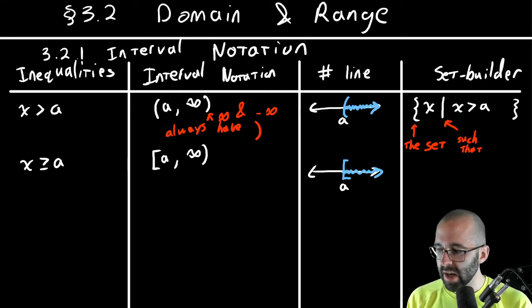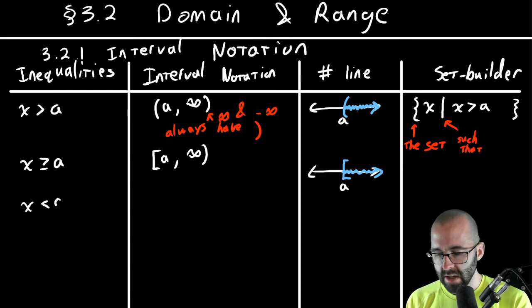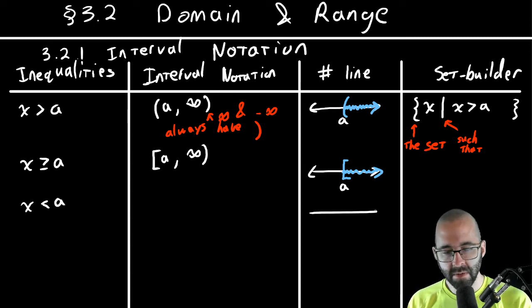And then we can kind of combine things as well. Like if we could go the other direction. x is less than some number. Then on the number line, right, here's a. We have everything to the left. It's not included, so it's a parenthesis, like so. And again, the smallest number is always on the left.